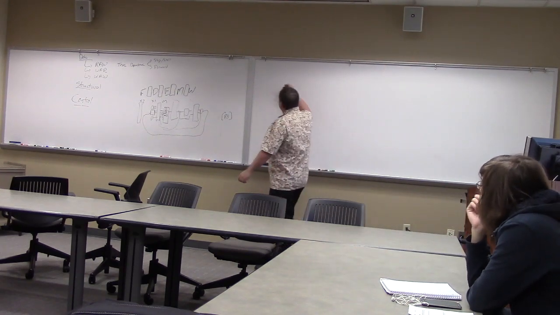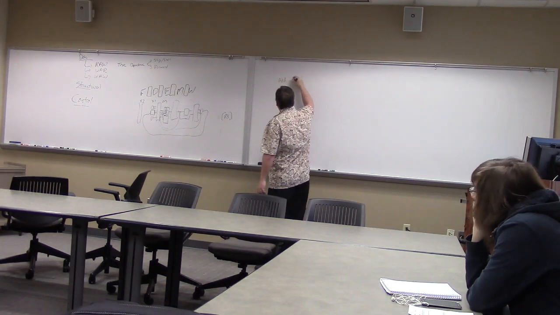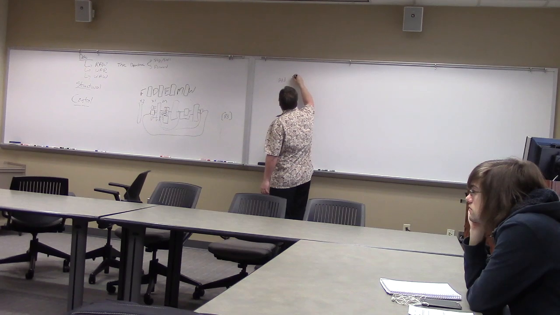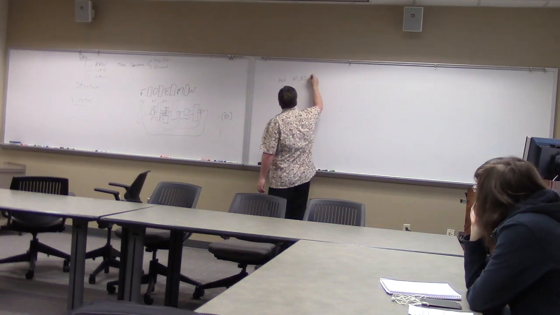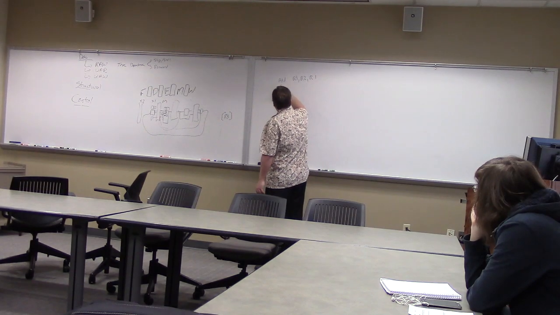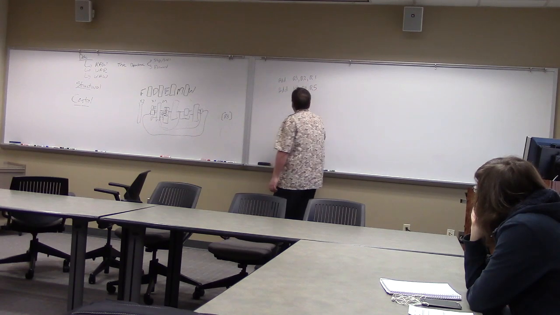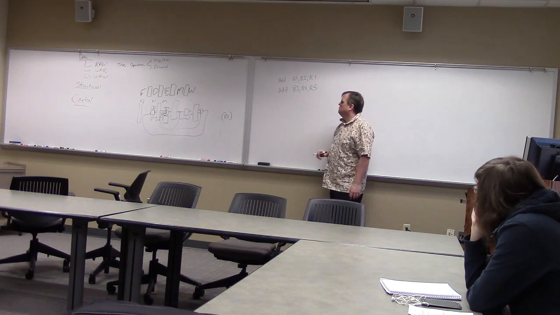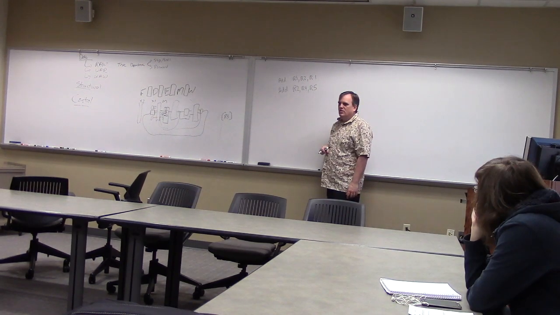So a write after read happens, for instance, if I've got add R3, R2, R1, and let's say I've got add R2, R4, R5. I've got a write after I read it.